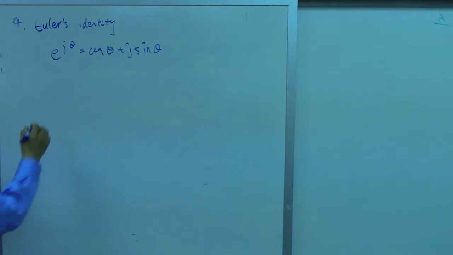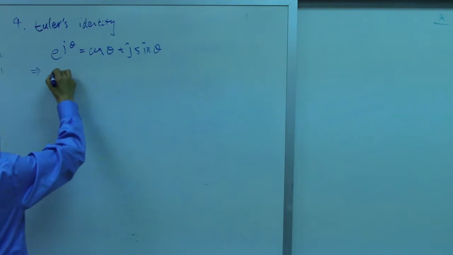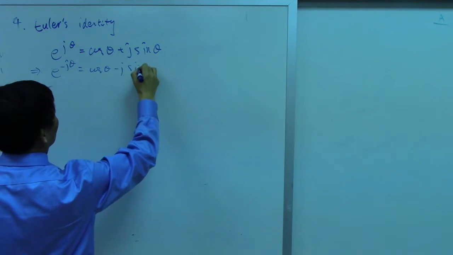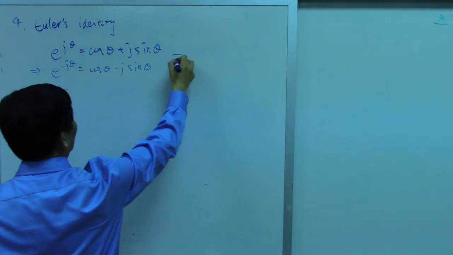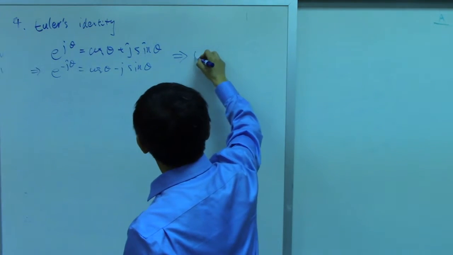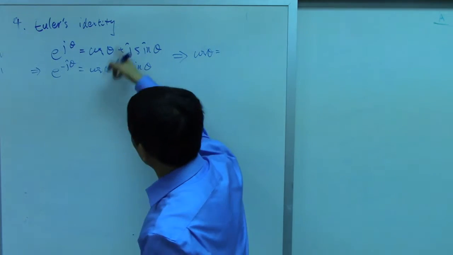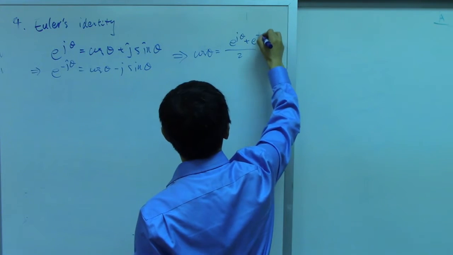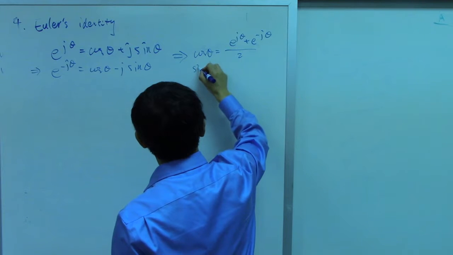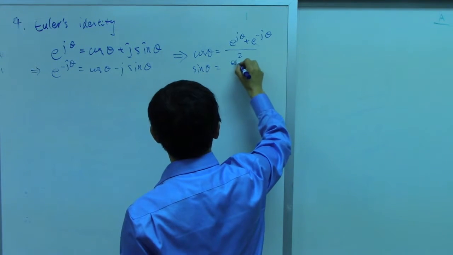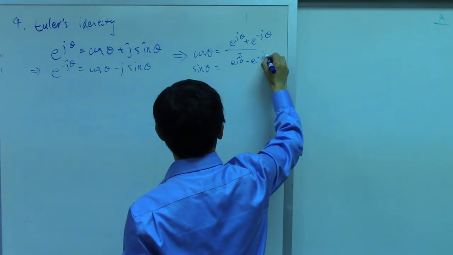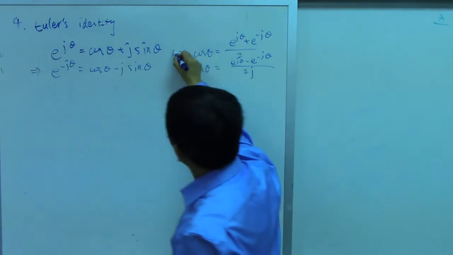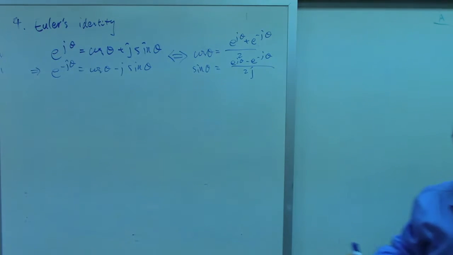And from here, we know e to the negative j theta will be equal to cosine theta minus j sin theta. If we add these two together, we get cosine theta equals half of e to the j theta plus e to the negative j theta. And sin theta will be equal to e to the j theta minus e to the negative j theta, divided by 2j. So these two pairs are equivalent.